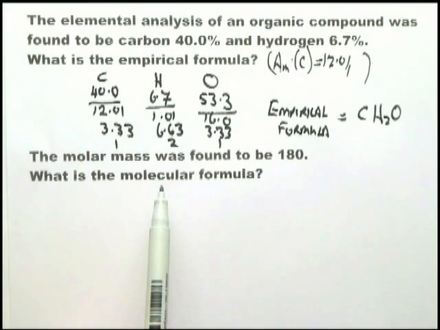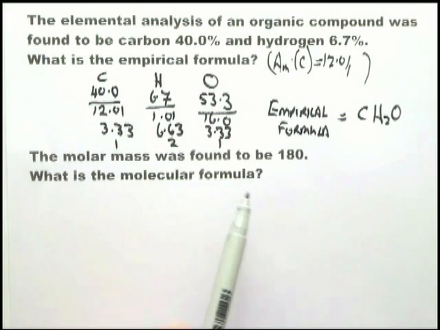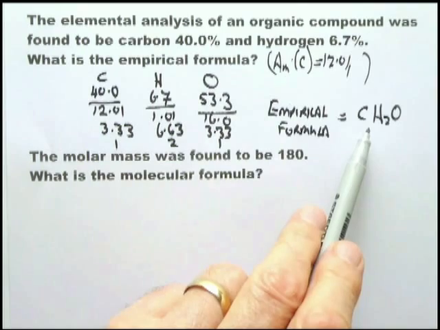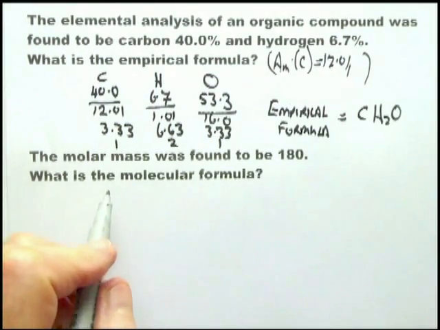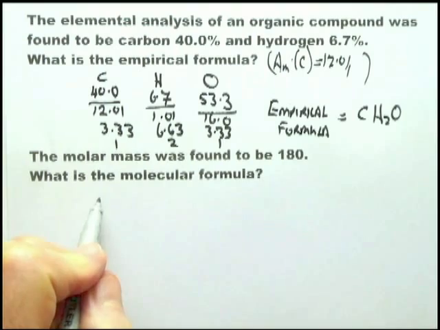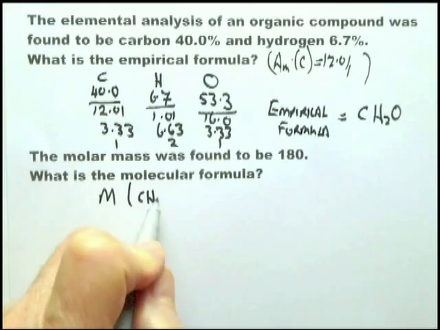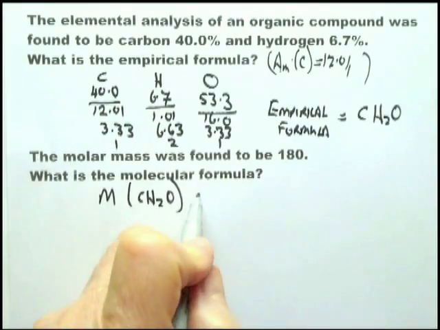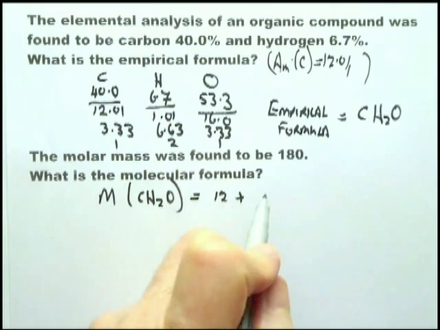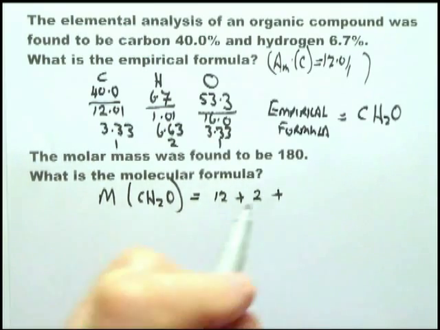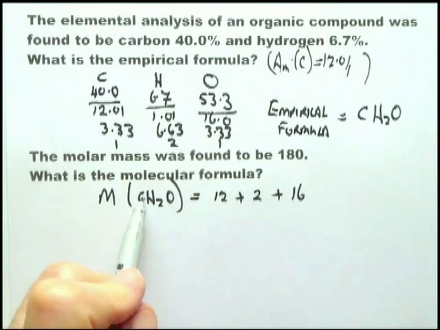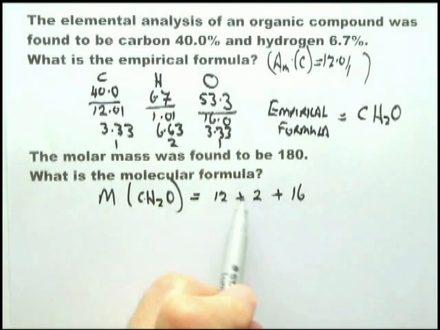So you have to determine what is the molecular formula. If the empirical formula is CH2O, then the molar mass of that CH2O is 12 plus 2 plus 16. Carbon plus 2 hydrogens plus oxygen.